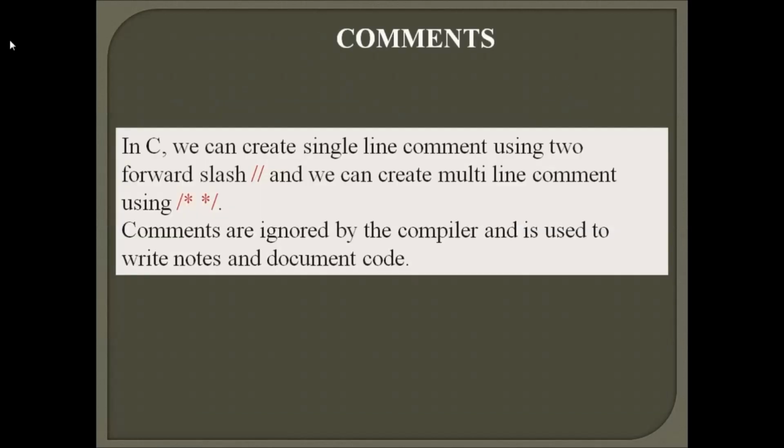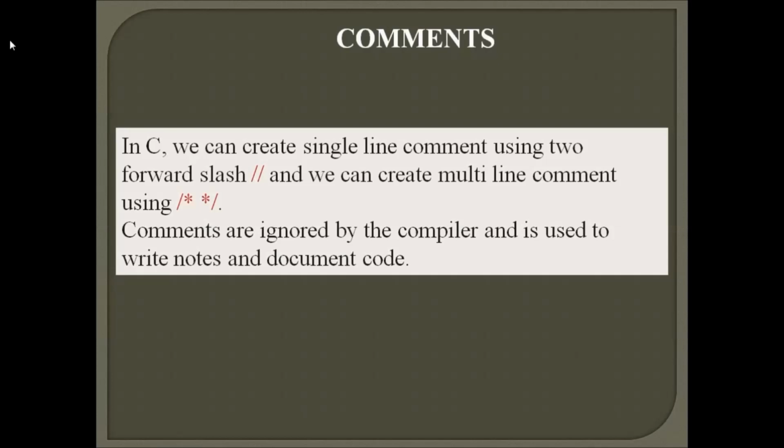Comments. What are comments? Comments are nothing but statements that can be written to help a user understand the program. The user can understand the program by seeing the comments. We can use comments in 2 ways.